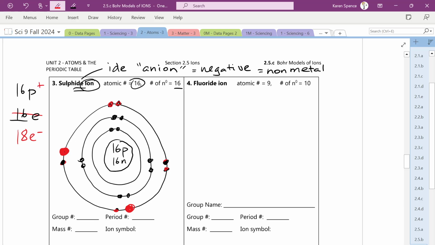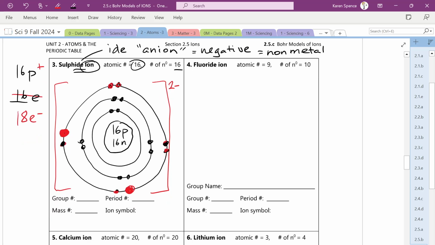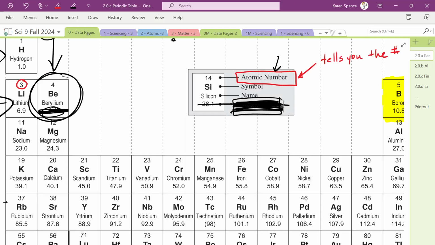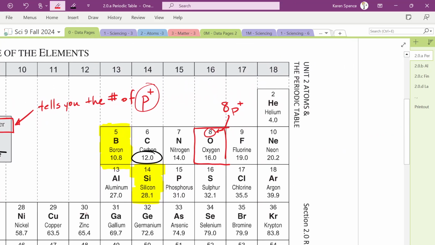Protons are positive, electrons are negative. What is the charge of this thing going to be? It's going to be 2 negative. Is good? Okay. Group number, sulfur is in group number 16, and it's in period number 1, 2, 3.